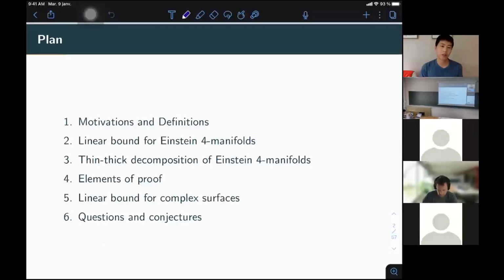Then I will give you some elements of proof for this theorem that uses the thin-thick decomposition of Einstein manifolds, which in itself is an interesting way of thinking of Einstein metrics.